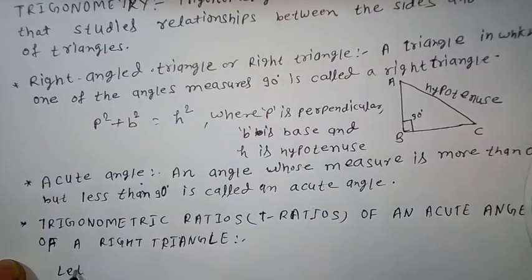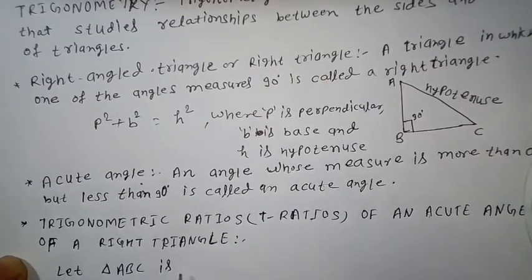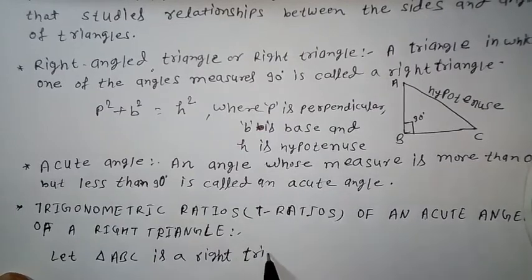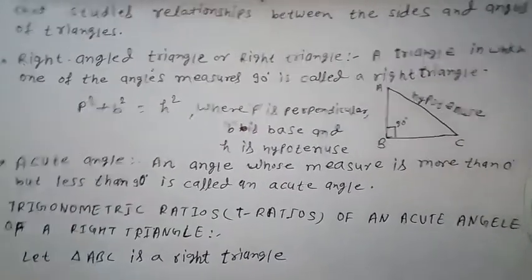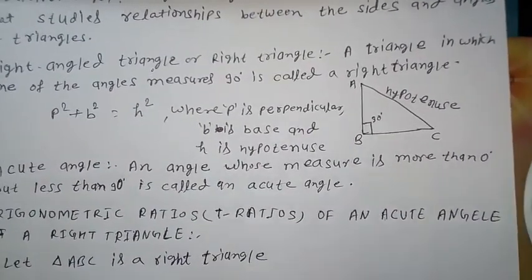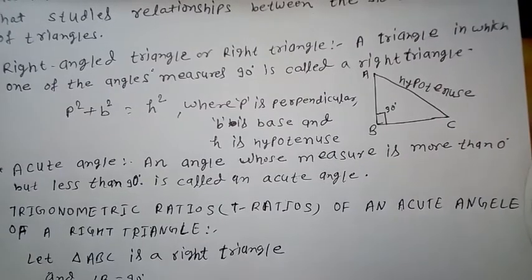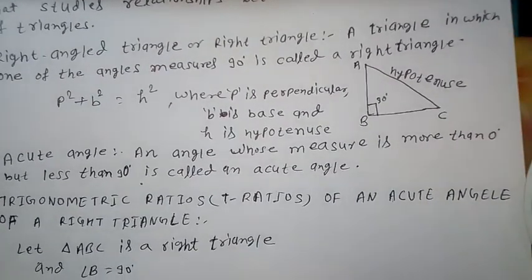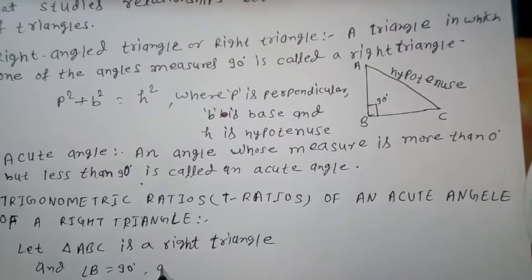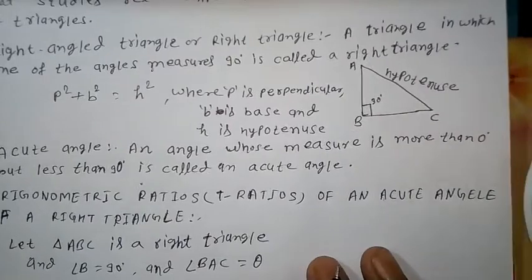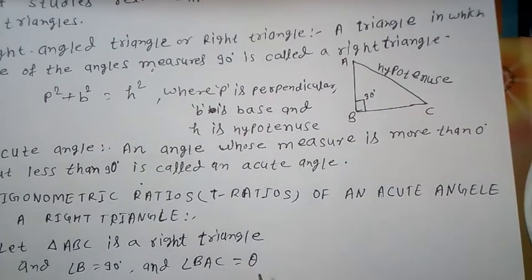Let triangle ABC be a right triangle, and angle B is equal to 90 degrees and angle BAC is equal to theta, which is an acute angle.